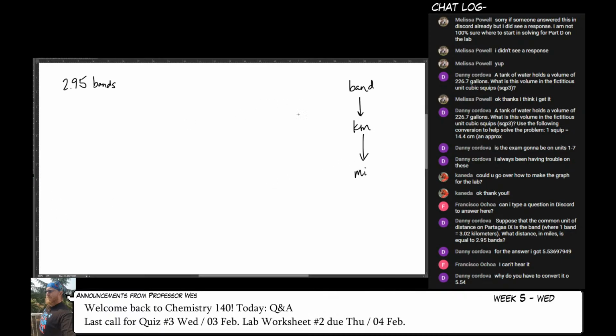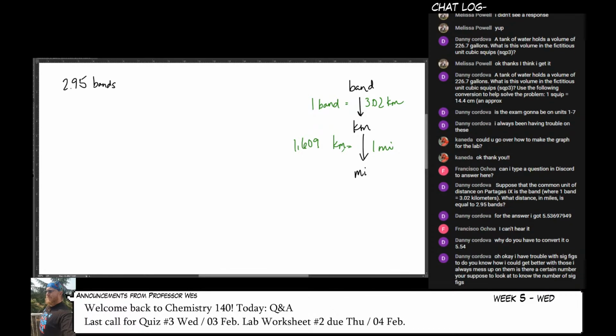So I know that there are, in one band, 3.02 kilometers. And there is a conversion between miles and kilometers that exists. And I think it's this. But last time I did a problem on here, I typed in the wrong number. So I'm going to look it up. 1.609 kilometers. Okay.